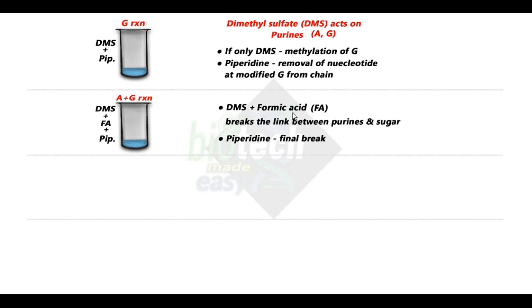Formic acid breaks the link between purines and sugar, that means both the purines, A and G. So between these purine bases, A and G, and the sugar, the glycosidic bond is broken because of the formic acid. So that's why we are calling it the A plus G reaction. And then of course the piperidine, you already know that it makes the final break. So this was the reaction in the second tube.